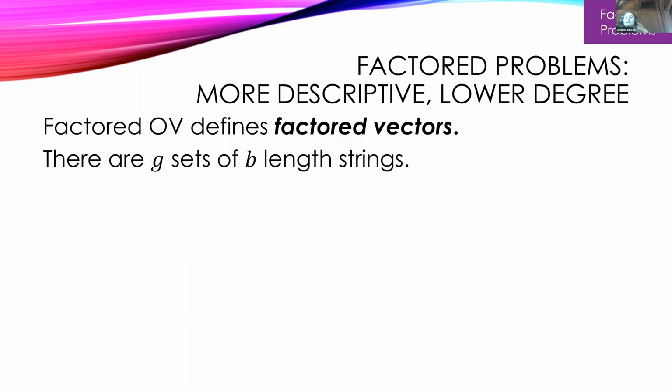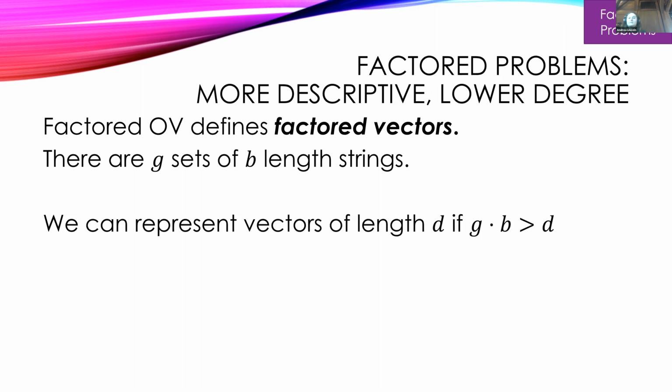So factored OV defines these factored vectors, and then the counting version of factored OV asks for the count over all pairs of vectors in its output. And there are G sets of B-length strings. So how big is this?